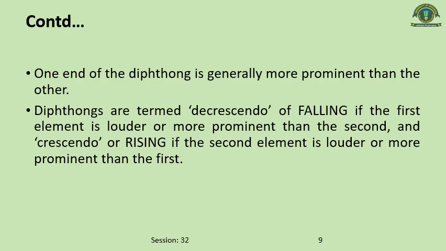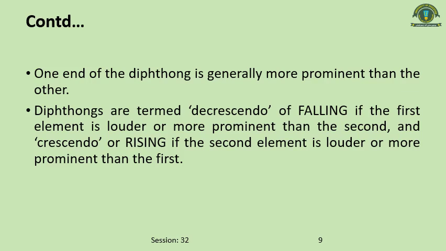For a passing reference, I think you need to understand this slide. Remember, one end of the diphthong is generally more prominent than the other. I repeat: one end of the diphthong is generally more important than the other.